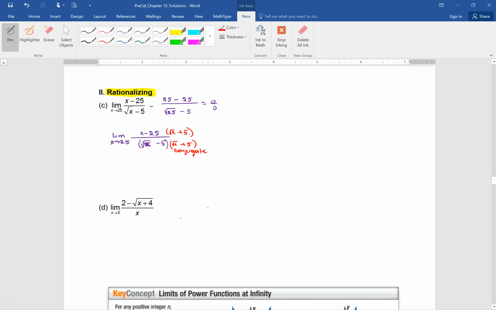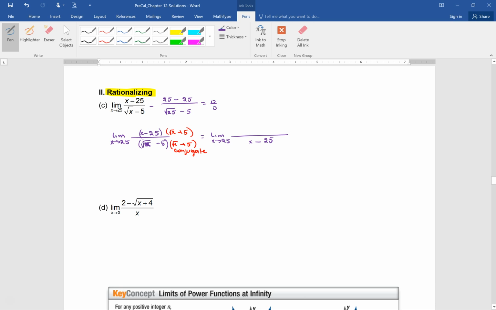Now, the denominator, where you've got the root, that's sort of a simpler case. So this is the limit as x approaches 25 of, now, the denominator, what you have is a minus b, a plus b. So you square the first term, you get x, minus, you square the second term, you get 25. Now, the top needs to be FOILed. You have to put parentheses around that first one too, otherwise it'll fool you.